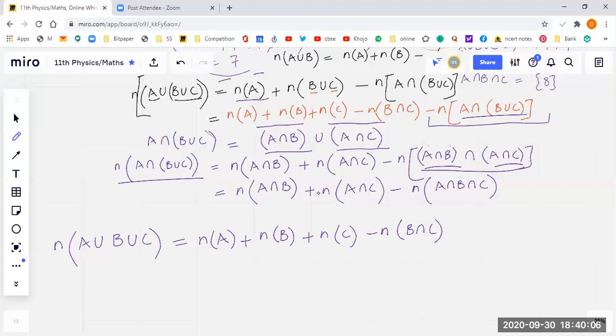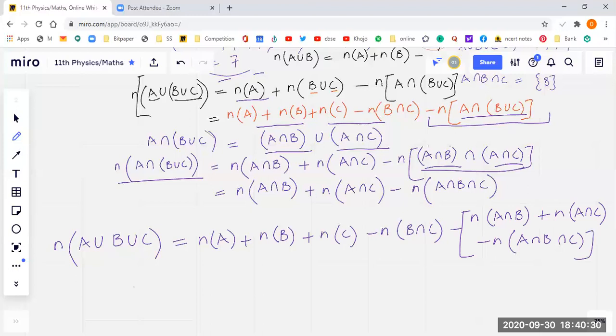This is equal to the number of elements of A intersection B. I will just put a whole bracket, right? So I will write n of A intersection B plus number of elements in A intersection C minus number of elements in A intersection B intersection C. Am I right? So I'm going to open the bracket now.